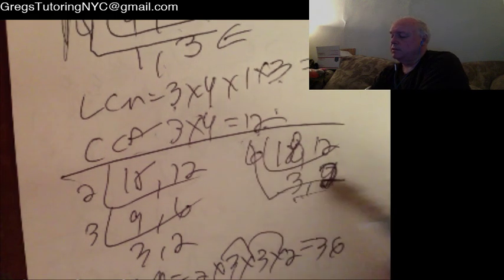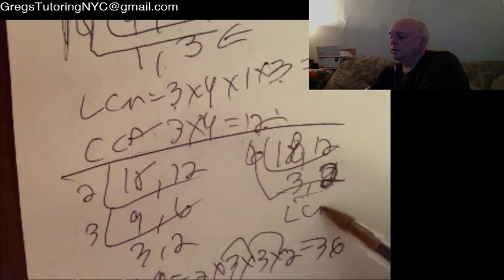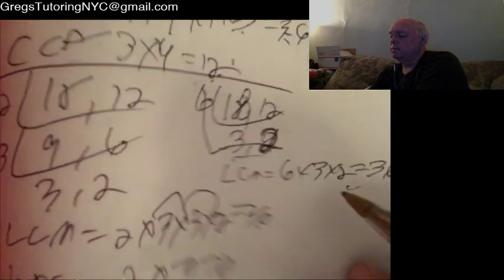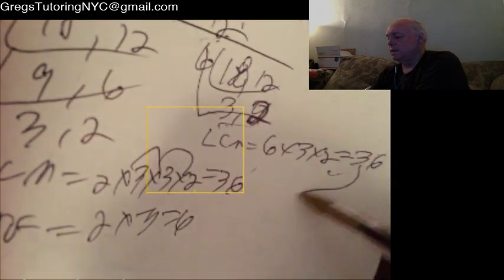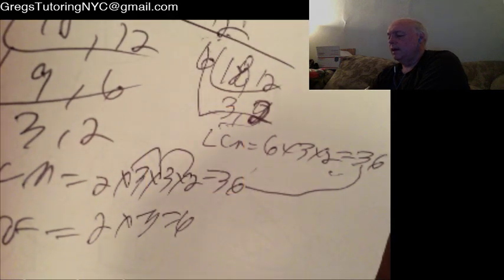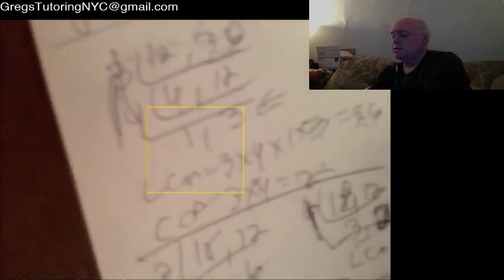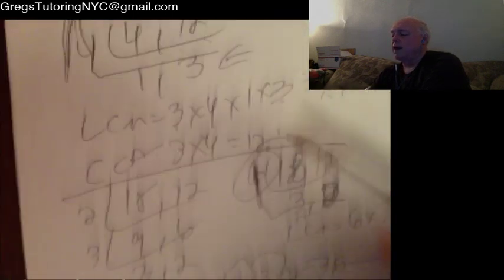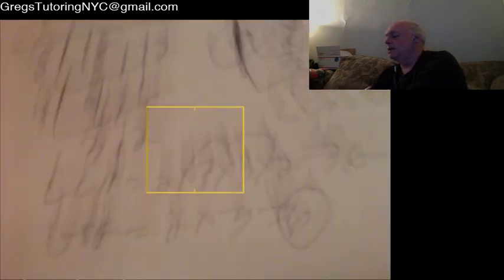So my LCM here is equal to 6 times 3 times 2. That's 18 times 2, that's 36. Guess what? It's the same number. And my GCF is just that number there. It's 6, and guess what? It's the same number there. So like with the factor tree, it really doesn't matter.